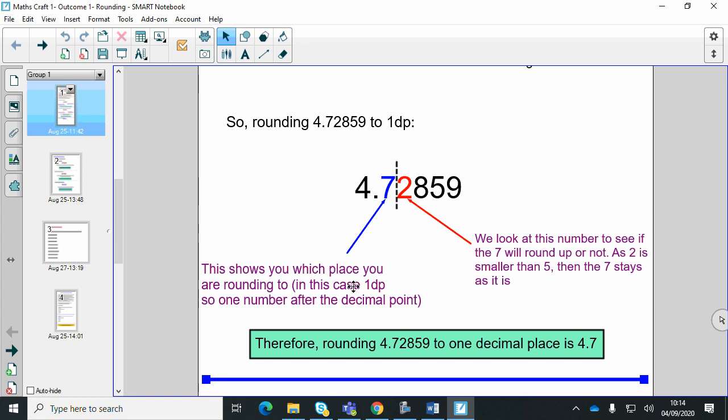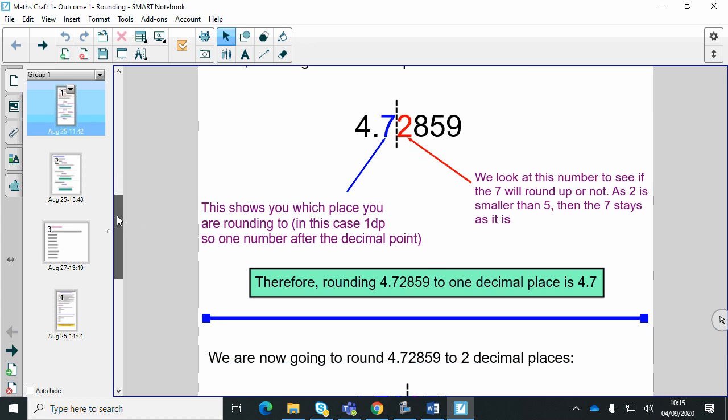Now we can see the 7 is the first number after the decimal place, and the 2 is the second number after the decimal place. So the 2, because it is less than 5, means the 7 is not going to change at all. Therefore, rounding 4.72859 to one decimal place is 4.7. We've got one number after the point, which is what we want.